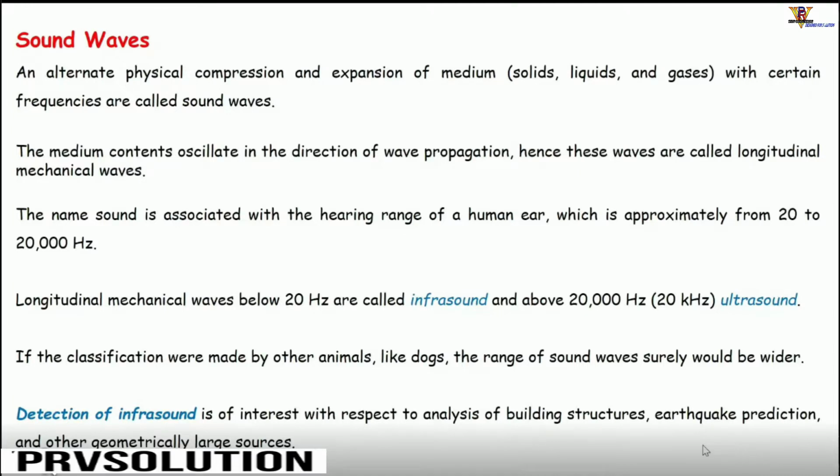If you want to analyze a building structure, maybe a defect, maybe strength, or anything related to the structure, then detection of infrasound is very important. Similarly for earthquake predictions and other geometrically large sources.